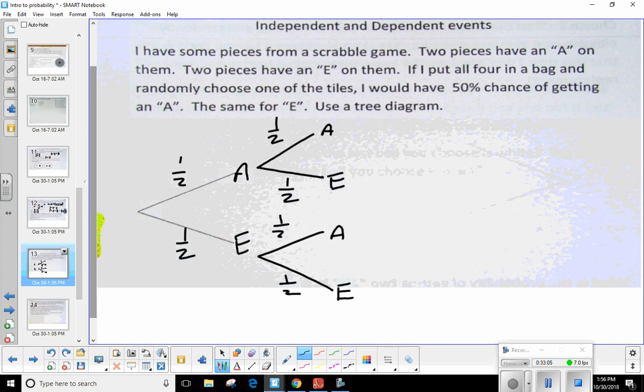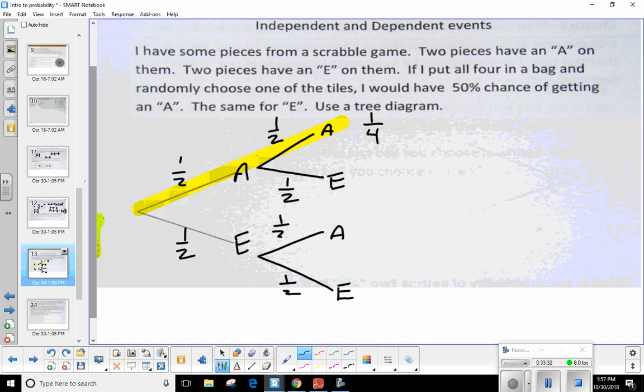If I start combining different outcomes for what I want, those are the unions. So like it said, follow the branch that has both A's. As I go along, I'm just going to multiply the individual probabilities. So if I were to choose A twice, but I put the A back every time I did, what's the probability of getting 2 A's?